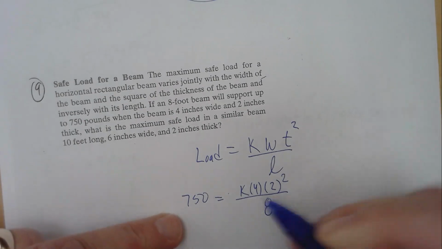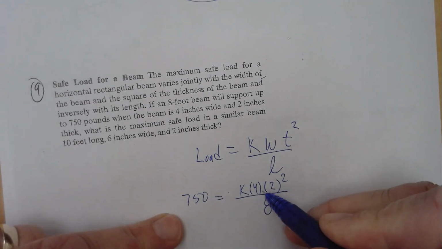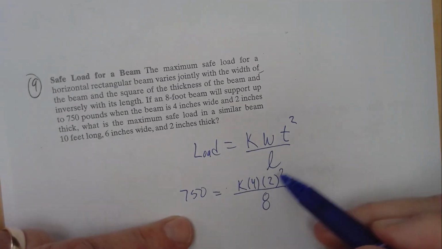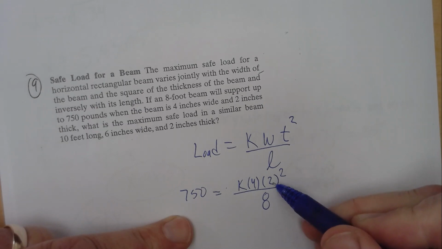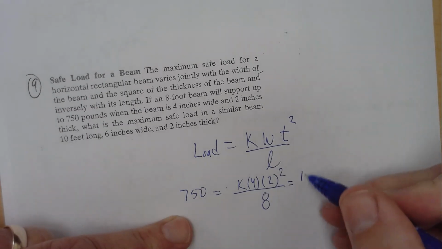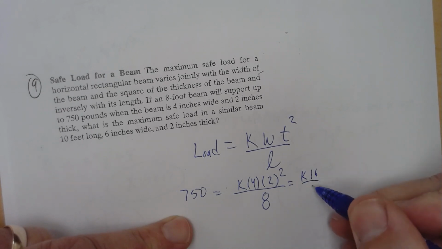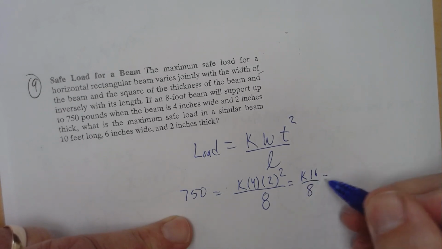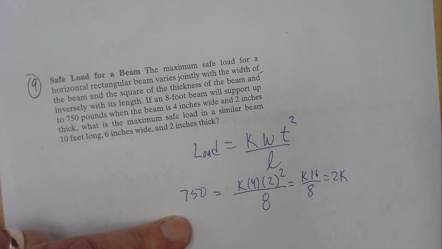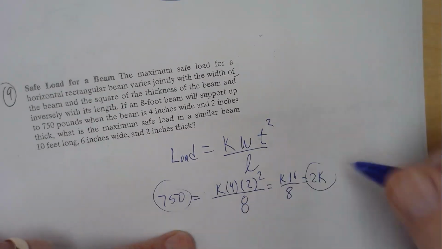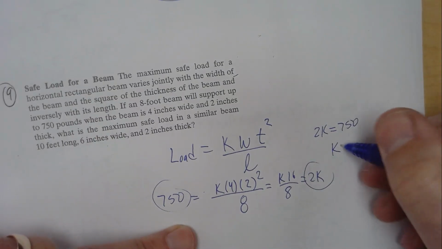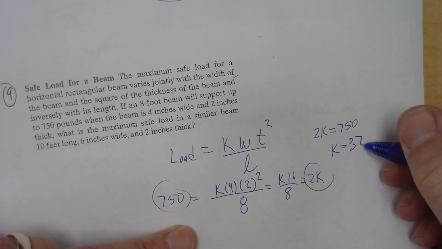So this times that. This times this is 4 times 4, that's 16. So I have k times 16 divided by 8. 16 divided by 8 is 2, so it would be 2k. So 2k is equal to 750. So k must be half of that, which is 375.